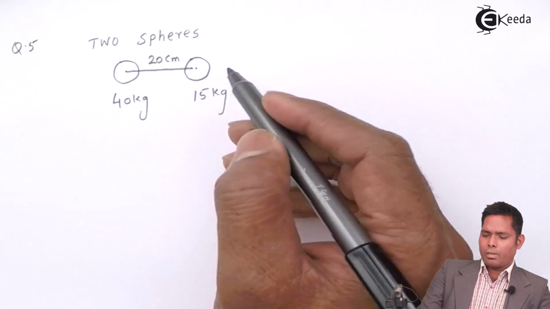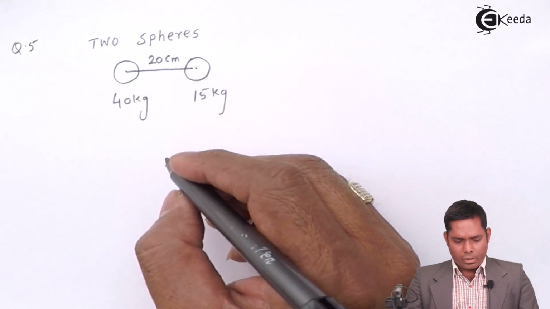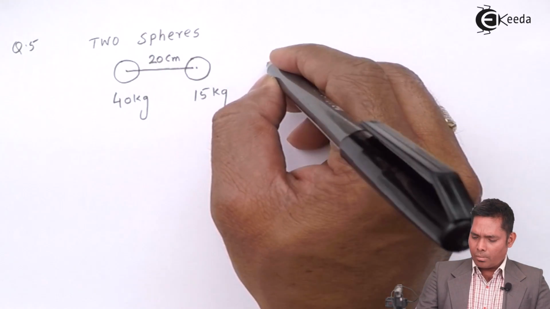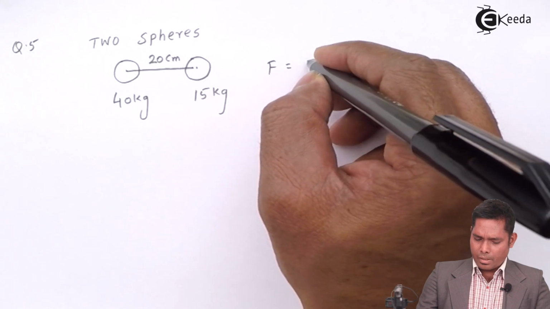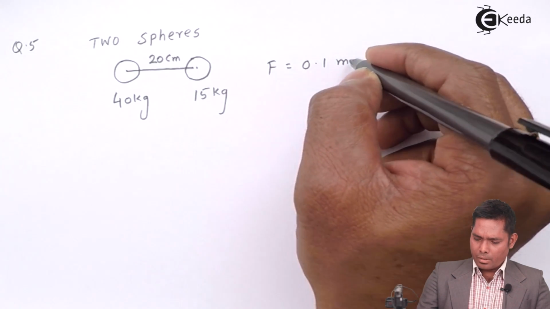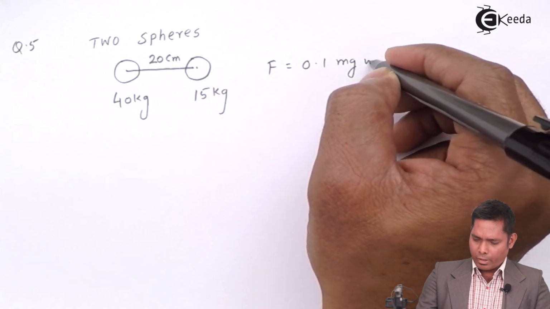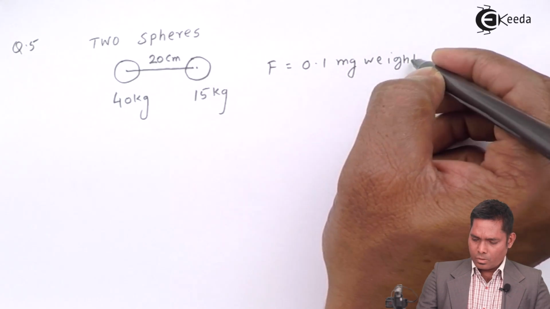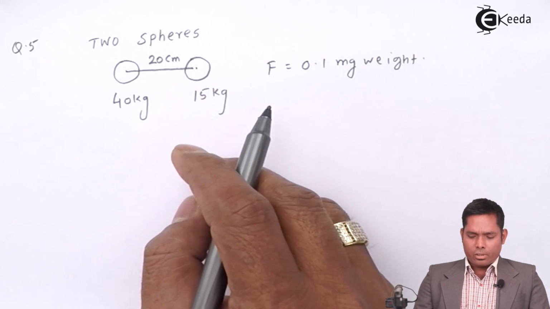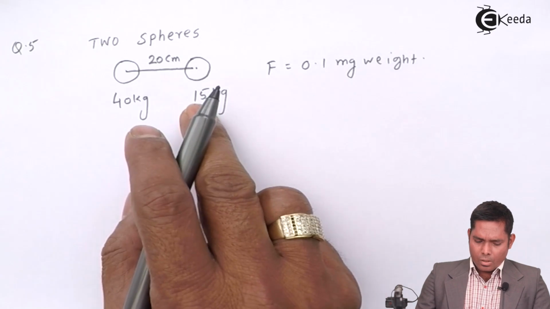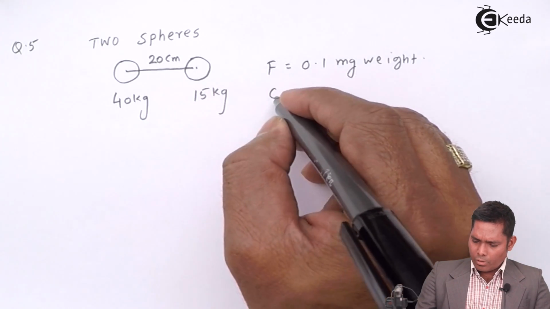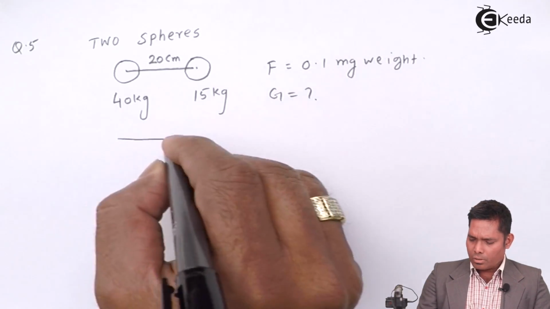So obviously they will attract each other, and the force of attraction acting on them is given by 0.1 milligram weight. This is the force that they will exert on each other. You have to find the value of gravitational constant. This is the question.